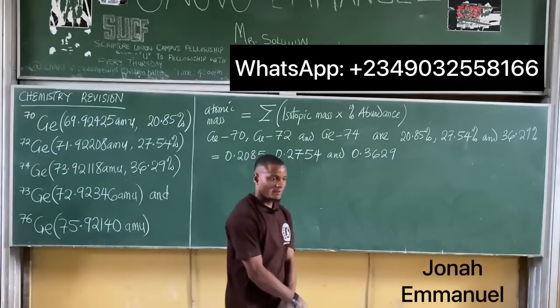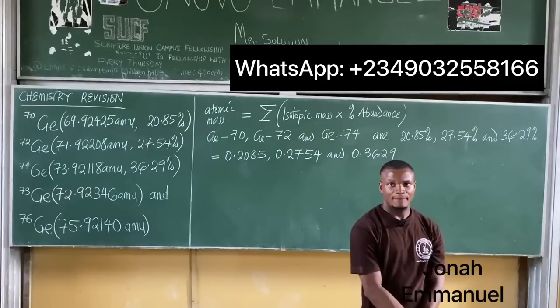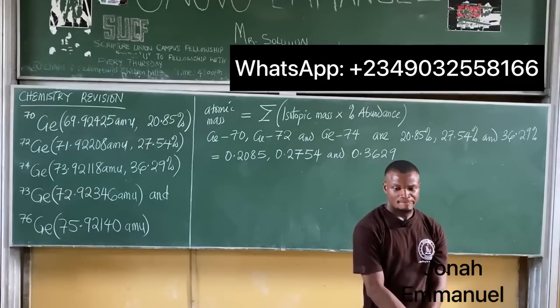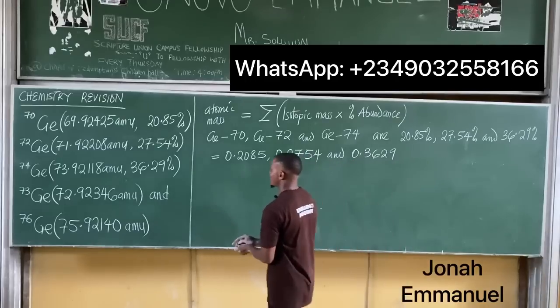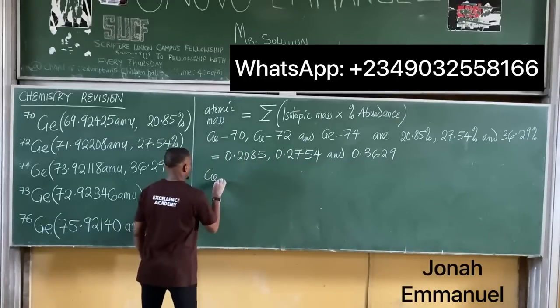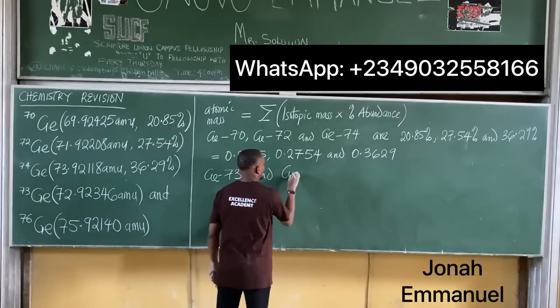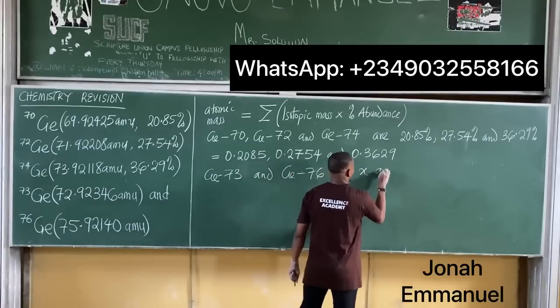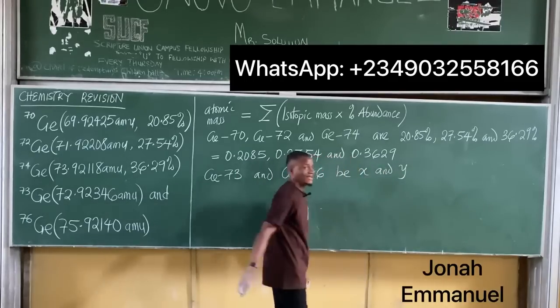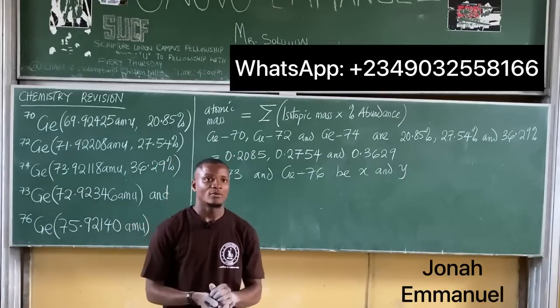Full stop. Let the percentage abundances of the minor isotopes germanium 73 and germanium 76 be X and Y. Let's call them X and Y, because we don't know them, so we assume.